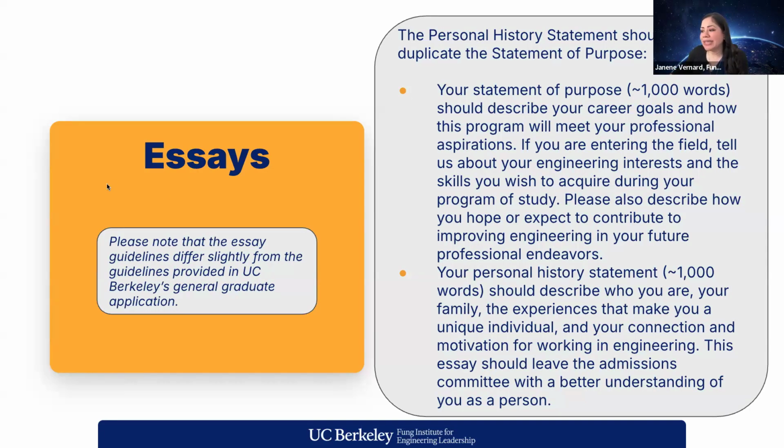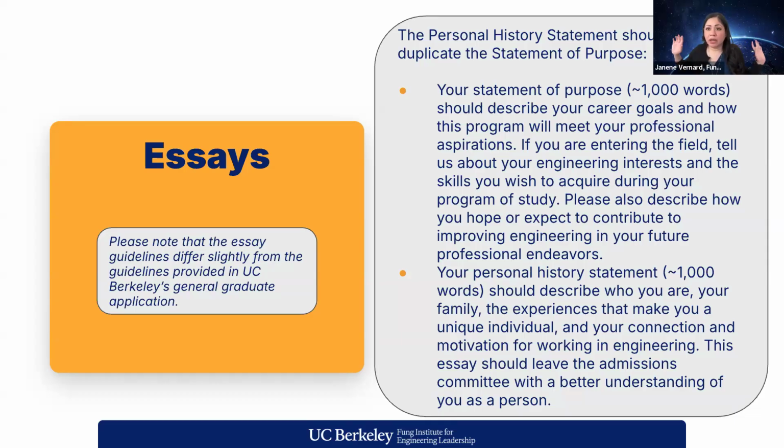In terms of the essays, please note the essay guidelines differ slightly from the UC guidelines, but overall, this is what we're looking for. The personal history statement should not duplicate the statement of purpose.